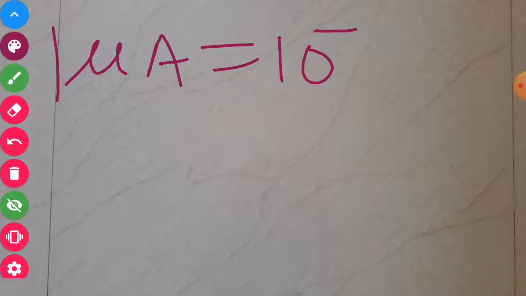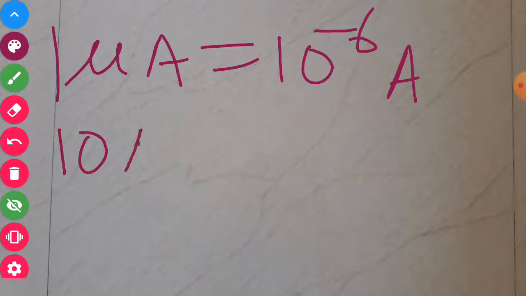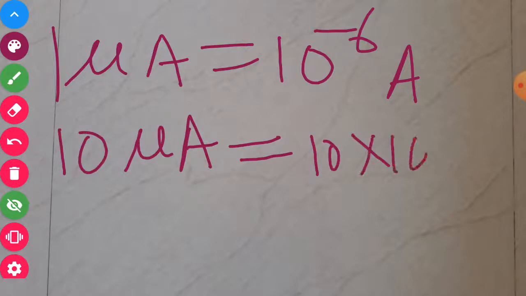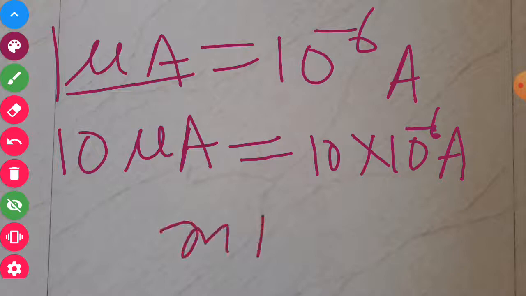Similarly, 1 microampere is 10 to the power minus 6 ampere. So when I say 10 microampere current is flowing, we can say 10 into 10 to the power minus 6 ampere. These are the smaller units, microampere and milliampere. Small amounts of current are measured by using these units.